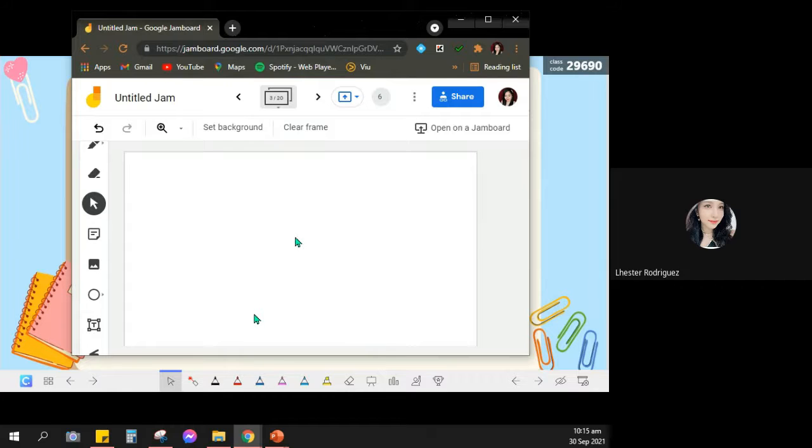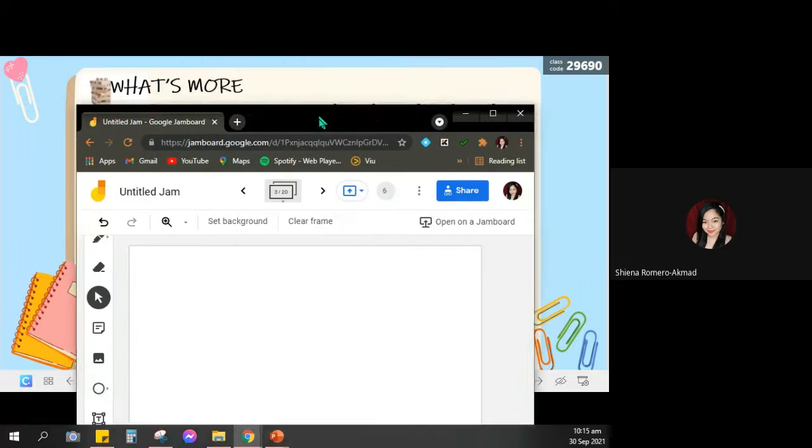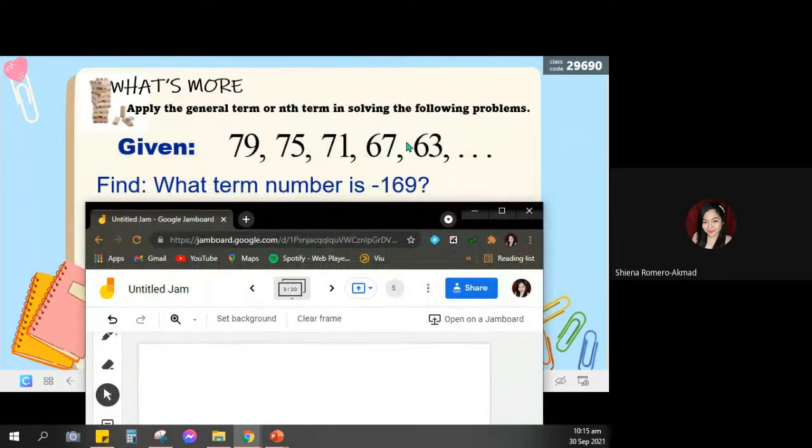Okay. Sino yung nagtatype kanina sa first? Dali, para meron kayong recitation naman. Ako po, ma'am. Oh, Mark, dito na kayo sa 3. Frame 3. Sige, go. Ma'am, ano po yung given po dun? Ay, yung given. Ito. Ayan. Yun din, pero you are going to look for pang ilang term or the n ng negative 169.